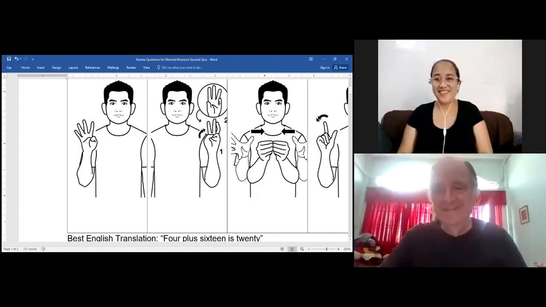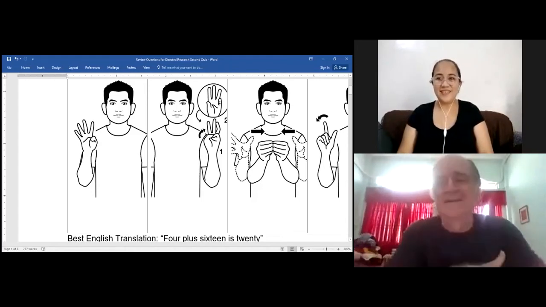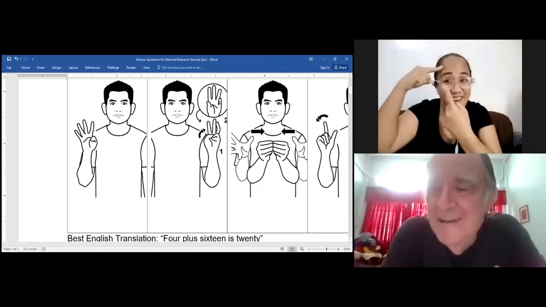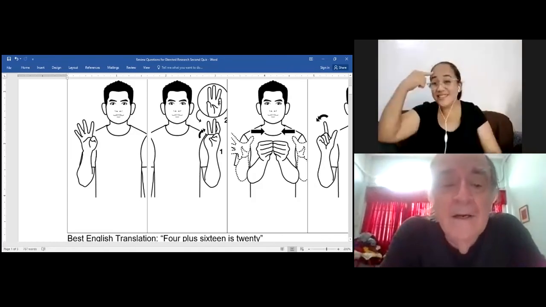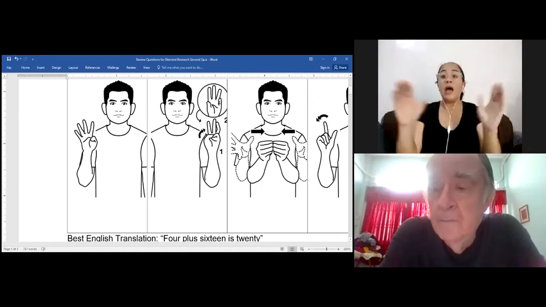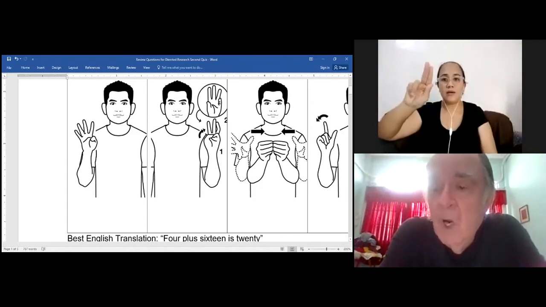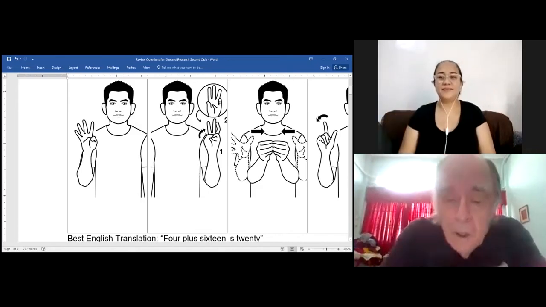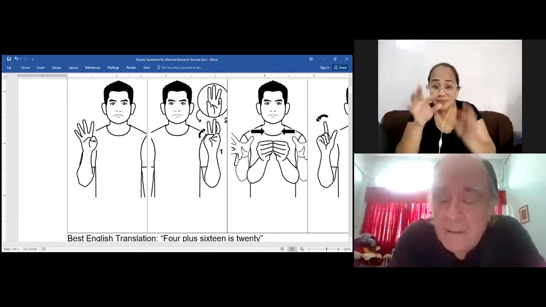Ah, okay. Sorry, I thought it was a noun. Yes. So 4, 16 together is one clause. Look at the English, 4 plus 16.